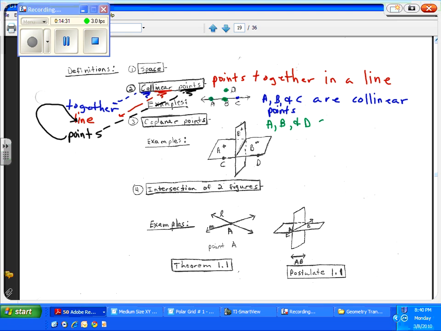So we could say that A, B, and D are non-collinear points, which would be points not together on a line. Points not together on a line, non-collinear points.